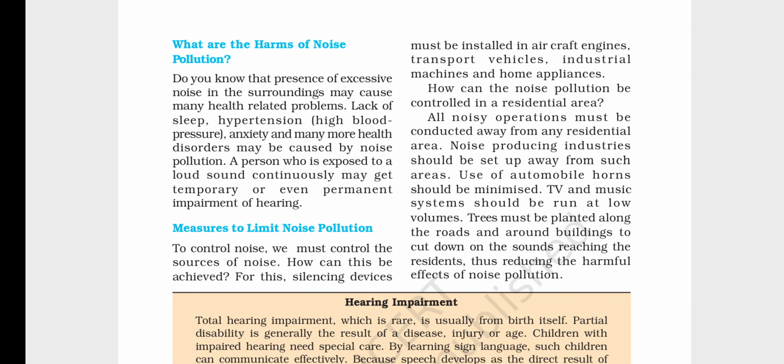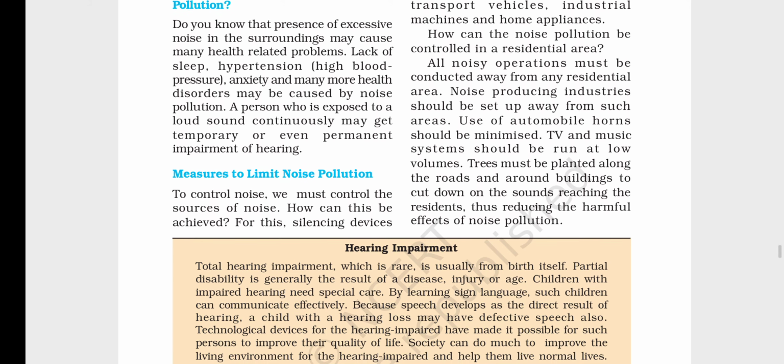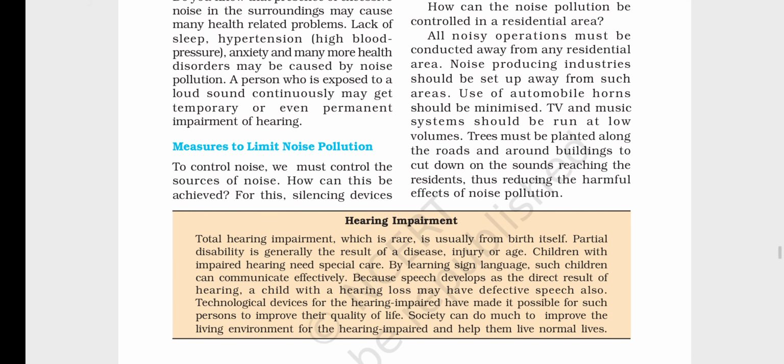Do you know that the presence of excessive noise in the surroundings may cause many health related problems? Lack of sleep, hypertension, anxiety, and many more health disorders may be caused by noise pollution. A person who is exposed to a loud sound continuously may get temporary or even permanent impairment of hearing.